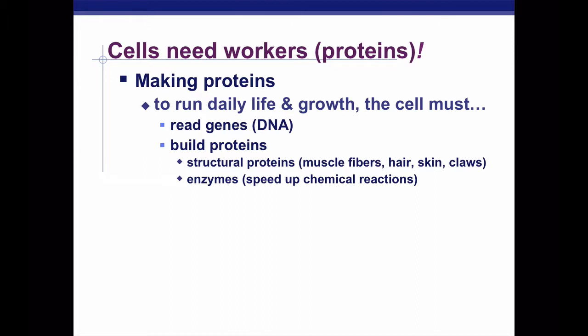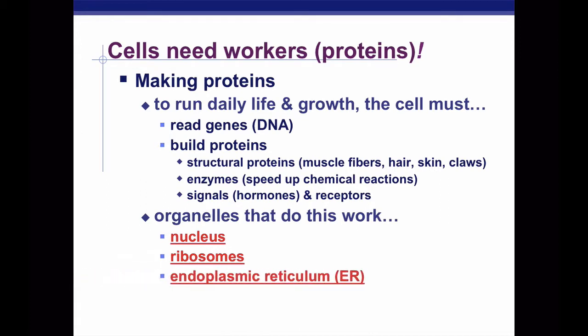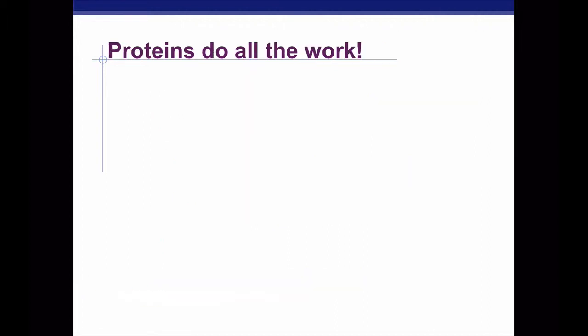Enzymes are proteins. They help to speed up chemical reactions. They help break stuff down, put stuff together. Signals like hormones and receptors. Organelles that do this work. We're going to talk about the nucleus, ribosomes, the endoplasmic reticulum, the ER, and the Golgi apparatus.